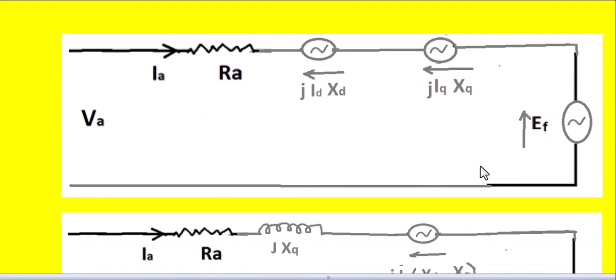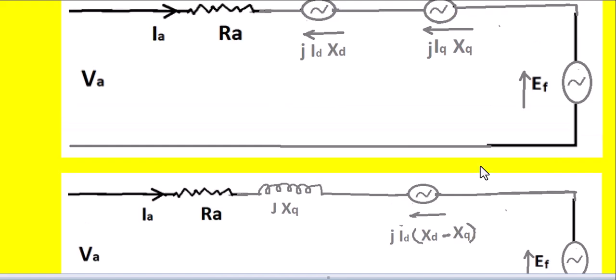So the equivalent circuit of the salient pole synchronous motor is like this. Va is the applied voltage to the stator per phase, and Ia is the armature current. This is also called the stator current. Ra is the resistance of the stator per phase.